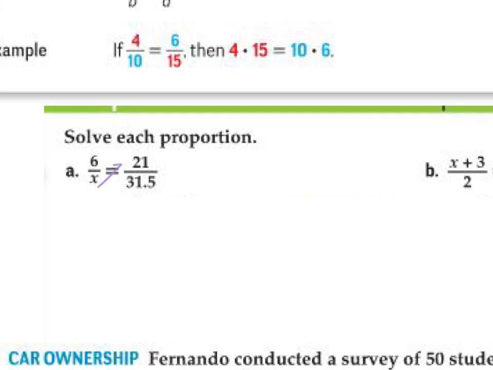We're going to cross multiply, so we get 21x equals 31.5 times 6. When we simplify and solve for x, we get 21x equals 189. And then last step, we divide by 21 to get x isolated, leaving us with x as a value of 9.